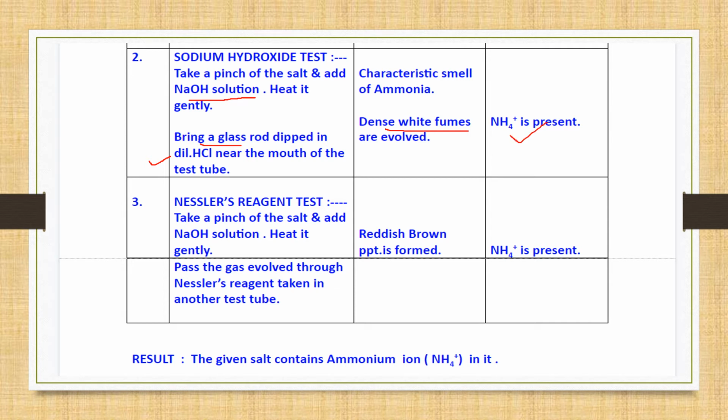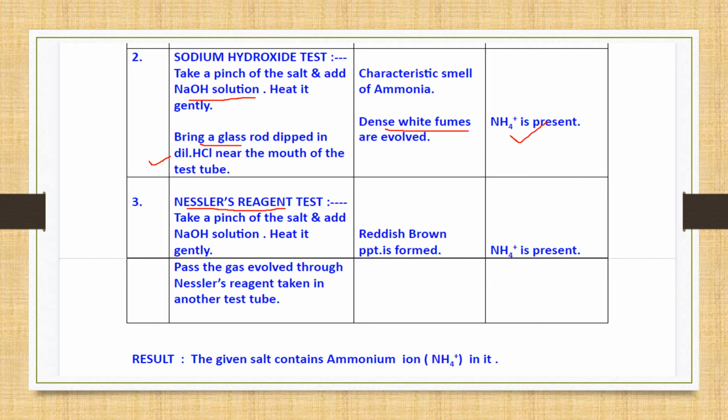Then there is another test, Nessler's reagent test. Again, you take a pinch of the salt and add NaOH and heat gently. This you did in the sodium hydroxide test also. Same thing is happening here. Ammonia gas will come out. But you have to do it again, because there, by the time you bring the glass rod dipped in dilute HCl and observe white fumes, most of the ammonia which is produced must have been evolved.